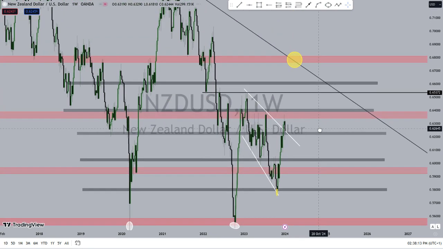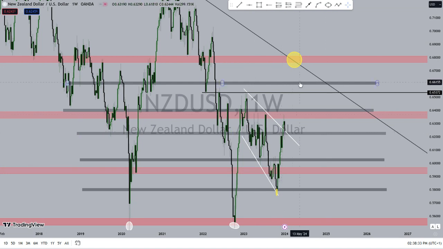Okay, on the NZD USD, you can see price gave us a falling wedge right about this region. It came, retested, respected, retested, respected, and broke above it.